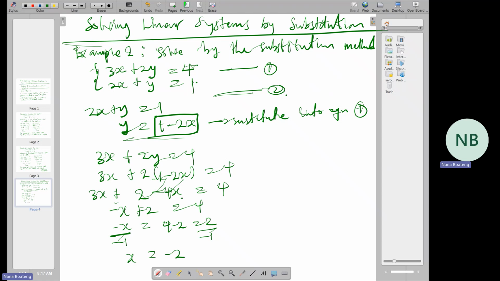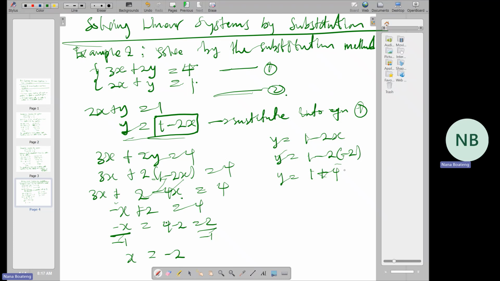Now that we know x, we can find y. We said y is equal to 1 minus 2x. So y is equal to 1 minus 2 times x. X is negative 2, so we have y is equal to 1 minus 2 times negative 2, which is plus 4.